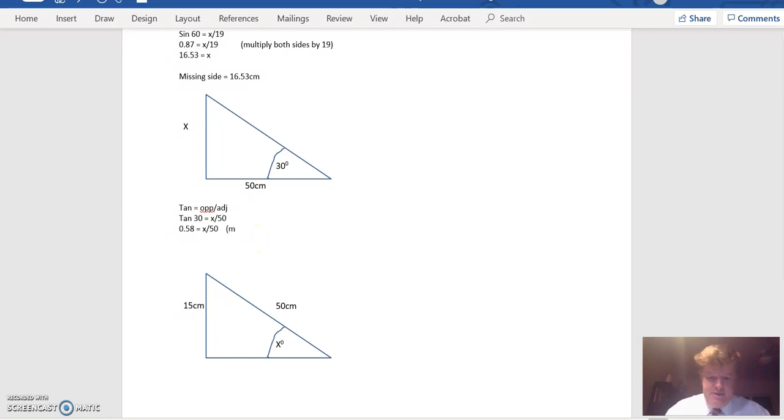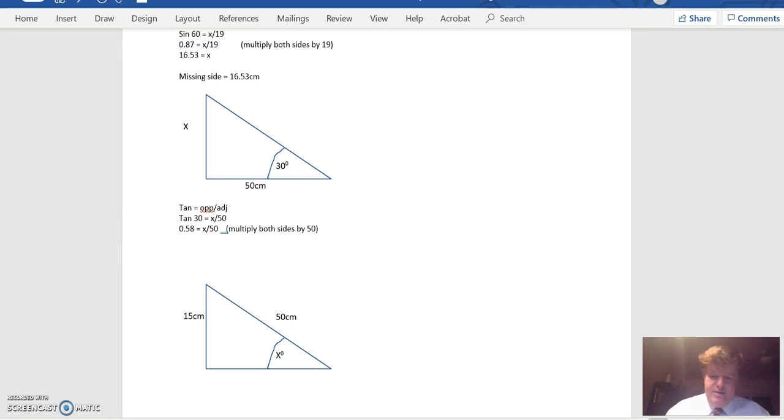So we're going to multiply both sides by 50. We've got x divided by 50. The opposite of dividing by 50 is to multiply by 50, and by doing that, we'll get rid of the 50 under the x. 0.58 multiplied by 50, I think that's going to equal 29, and you can check that on the calculator.